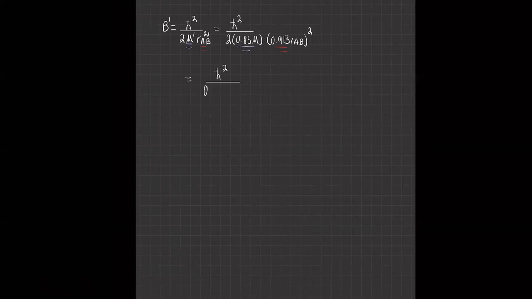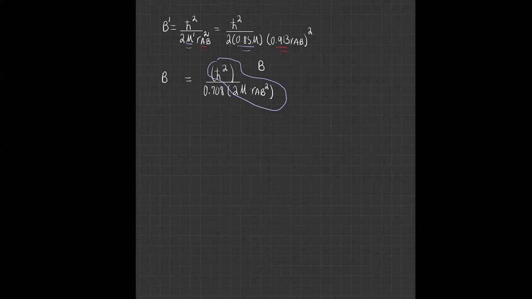This is just 0.708 times 2, the old reduced mass, and times RAB squared. And then from here, you'll find that this is going to be equal to B, since these are all old variables. To get the old reduced mass is just going to be equal to B.